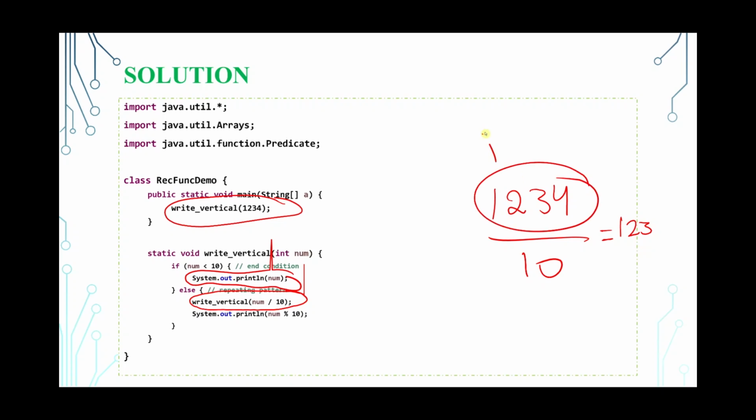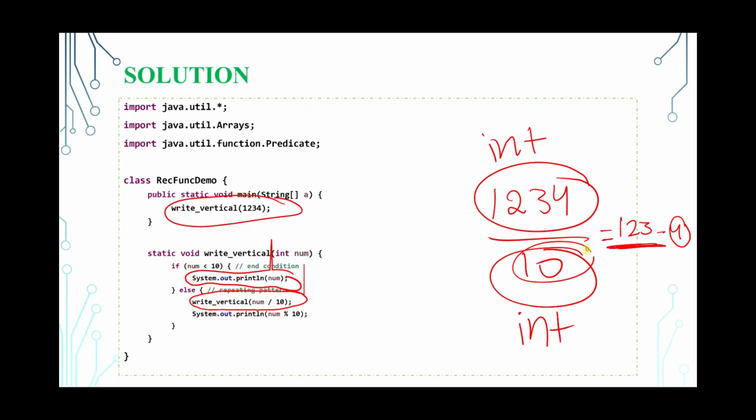Because this is an int, and this is an int. Int divided by int gives you an int. So how would I get the remainder? The remainder is obtained using the modulus. So you would get the 0.4, actually the 4, as the modulus, right? So 0.4 times 10. Now, how would I get that?